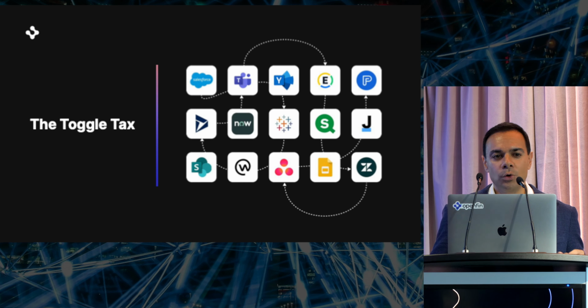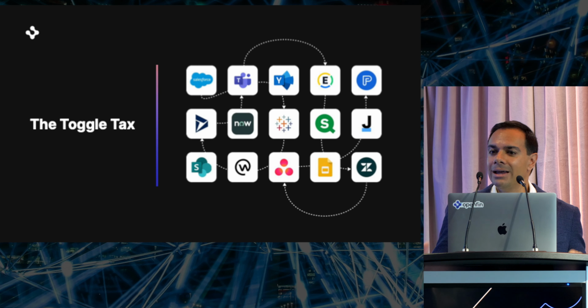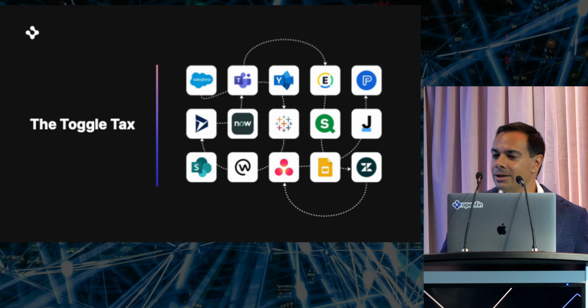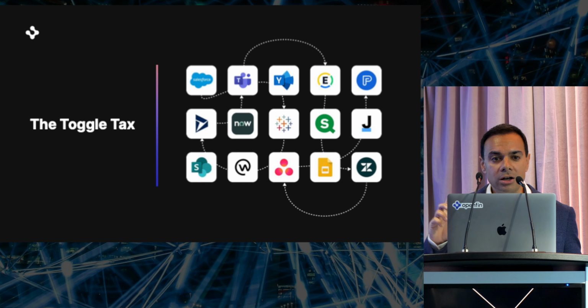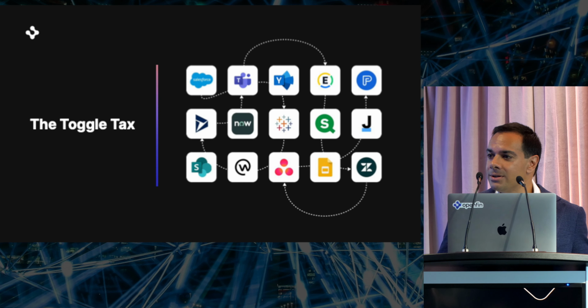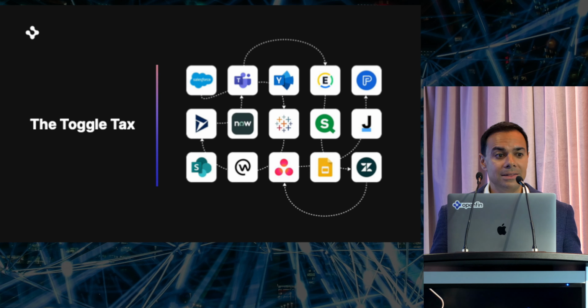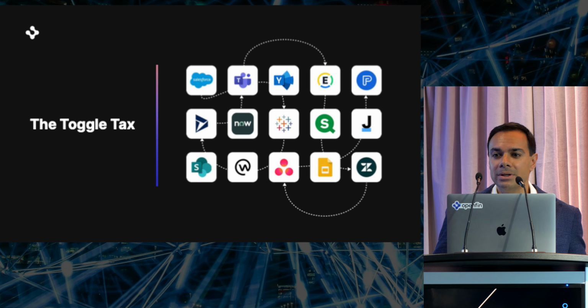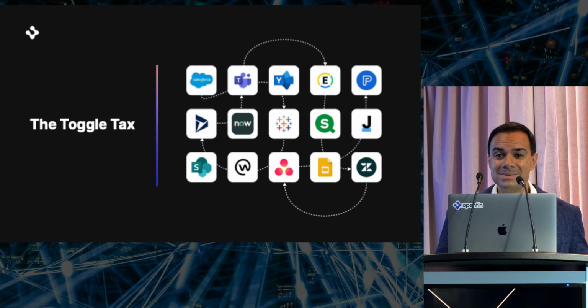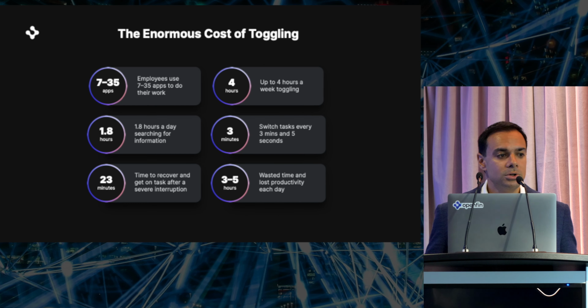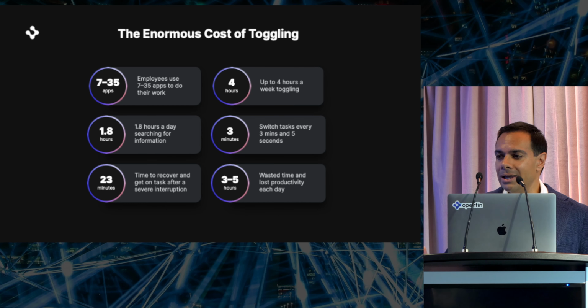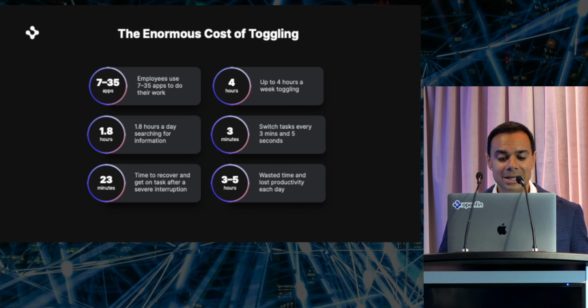So, while having a slick app experience is really great, what's not great is toggling between all of your apps all day long to get from one thing to the other. And what we heard, and studies have shown that this can happen up to 1,200 times a day, which is really insane. And just to put a few more numbers on this, and this is from independent studies from HBS and others.